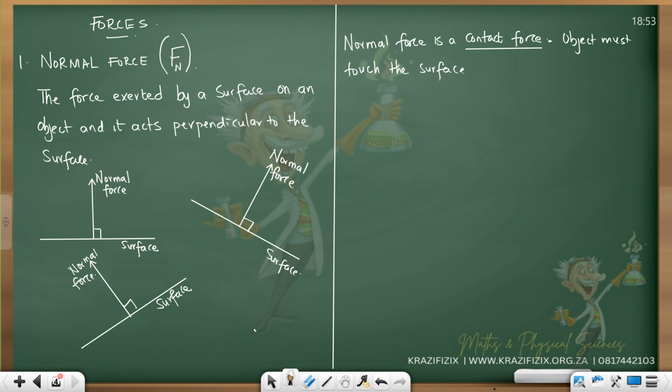So if there's no surface, no normal force. That makes sense, right? Yes, sir. All right. We are done with normal force for now. We're just quickly looking at all the forces.